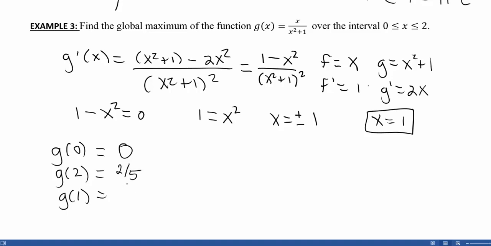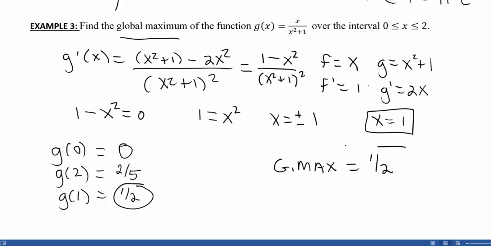And if you plug in a 1, you get 1 over 2, or 1/2. So looking for a global maximum means we want the largest value. So half is the largest value we get from this list. So our global maximum is 1/2. So that's the global maximum of this function on this interval.